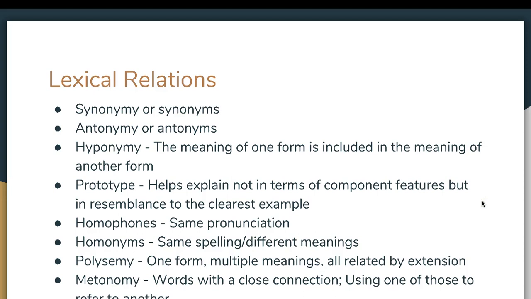Then the chapter starts talking about lexical relations, and a lot of these we know when we're dealing with synonyms or antonyms. Hyponymy is when the meaning of one form is included in the meaning of another form. So, for example, if I am trying to give you a definition of horse, it is an animal.